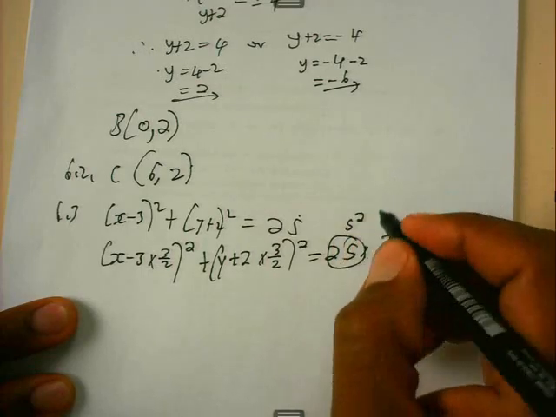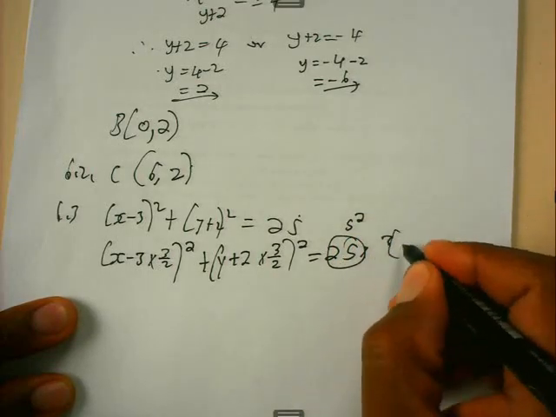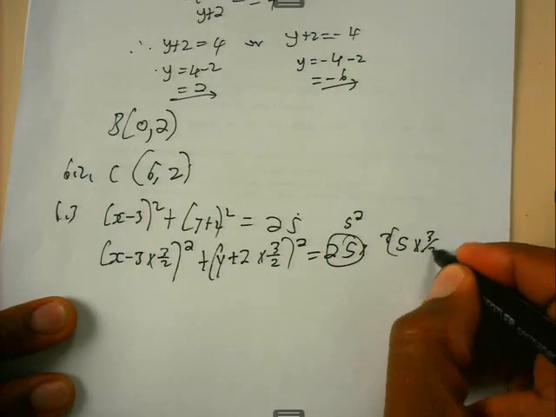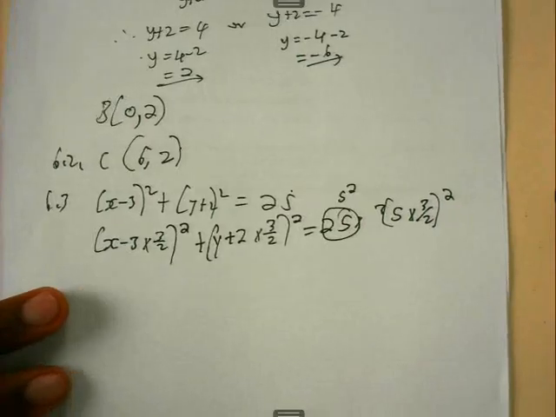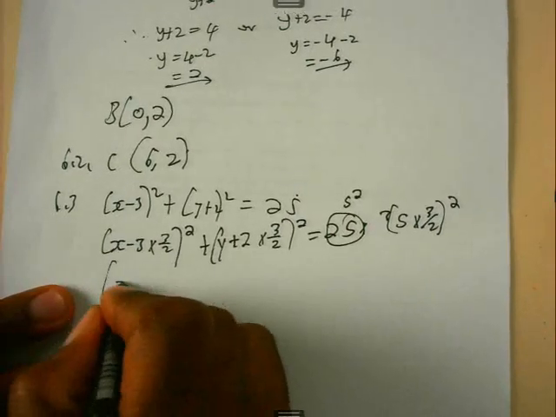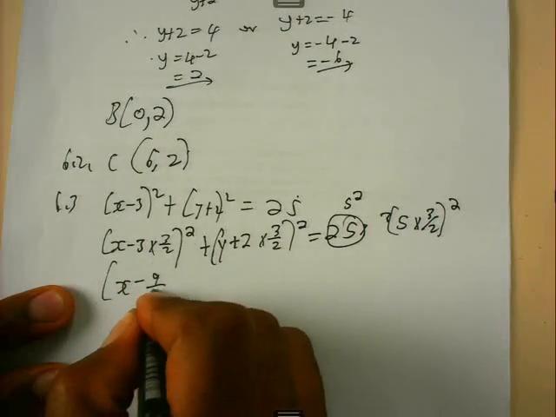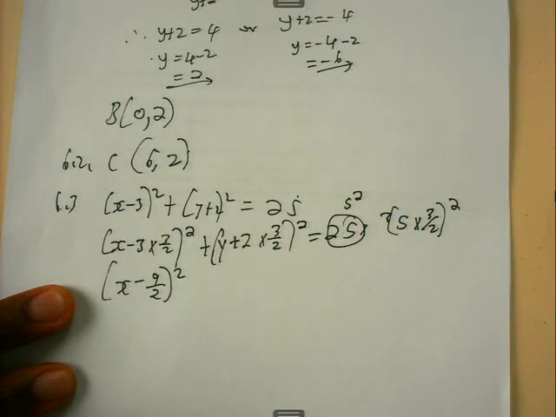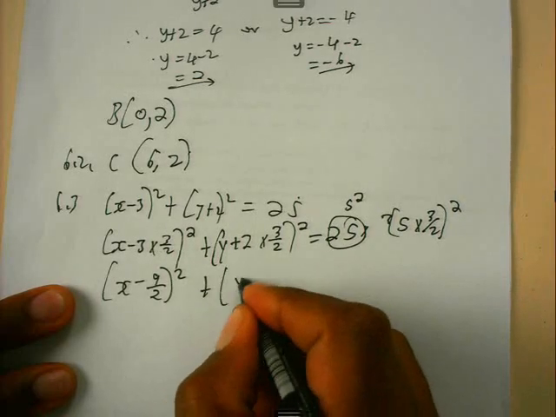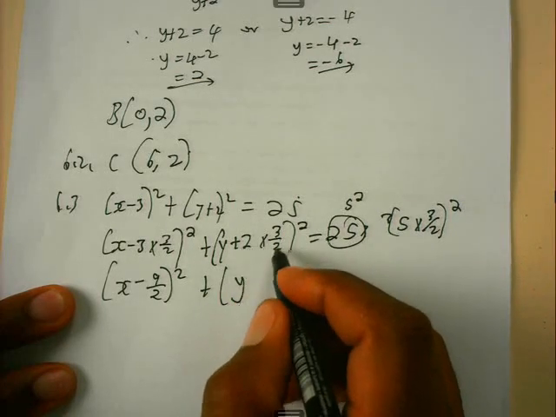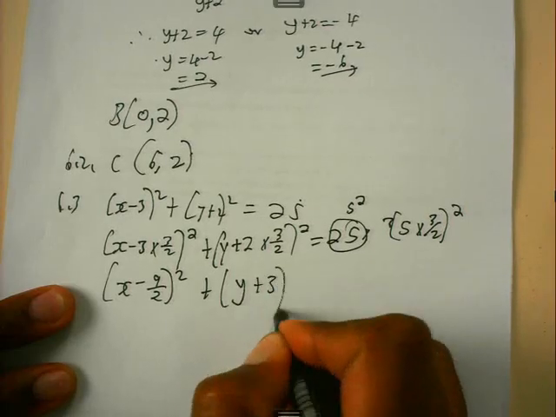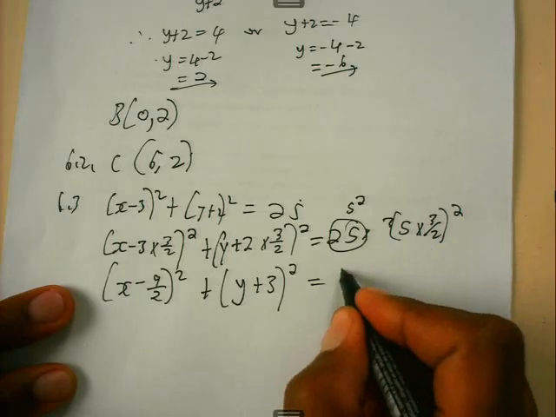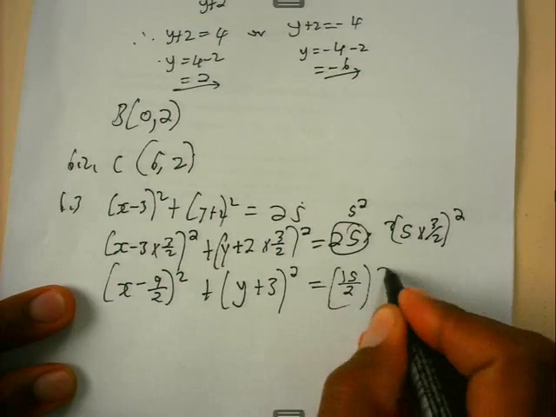Then r will be 5 squared. What is important is we now take 5 and multiply by 3 over 2, then we square it. From here we are going to have x minus 9 over 2 all squared, since negative 3 times 3 over 2 is negative 9 over 2. Plus y, 2 multiplied by 3 over 2 gives a plus 3, squared, which is equal to 5 times 3, that is 15 divided by 2, all squared.